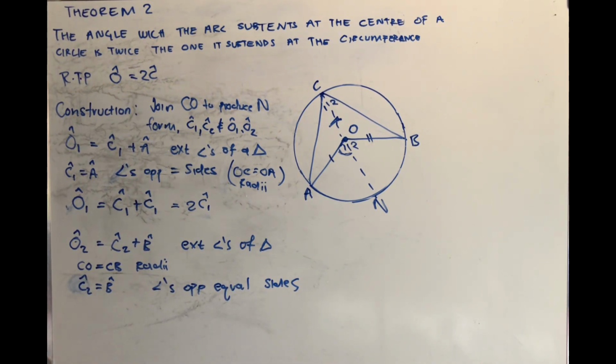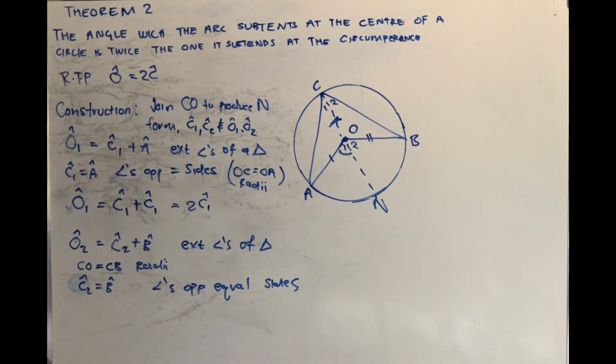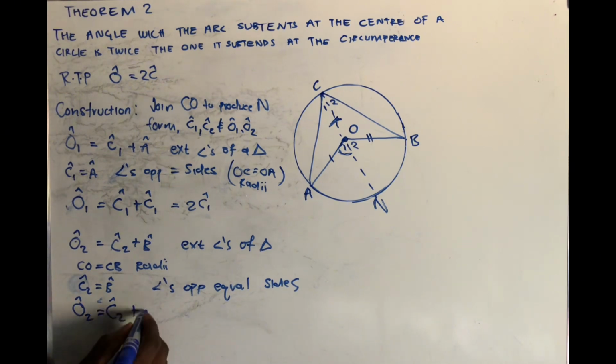Now we said angle O2 is equal to C2 plus B, and we said C2 is equal to B. So instead of writing B, we put angle C2. Let's rewrite angle O2: C2 plus, instead of writing B, we write C2.